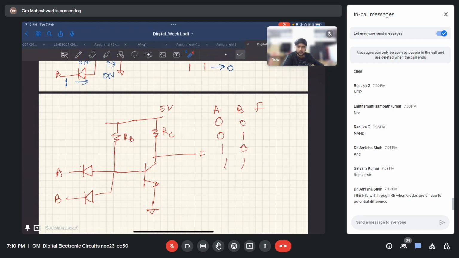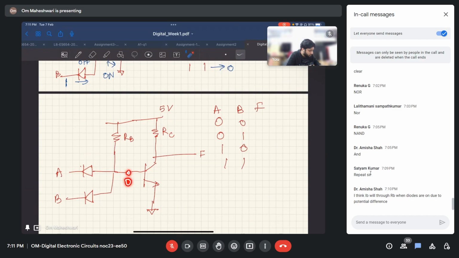Okay. Let us see case by case. If I give 0 here and 1 here. When I give 0 here, that means that this diode is forward biased, right? So when this diode is forward biased, it will act as a short circuit. If it is a short circuit, this 0 will travel here. So here will be 0 volts.